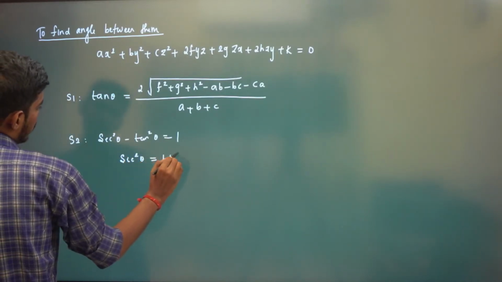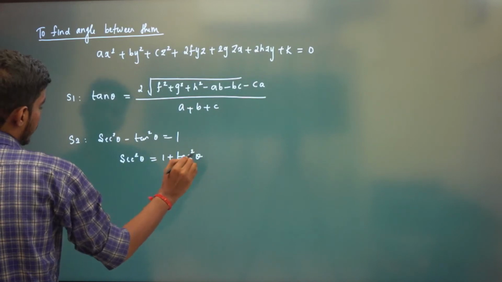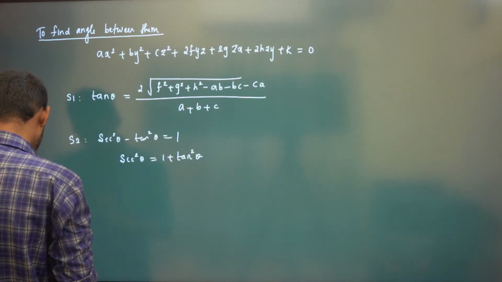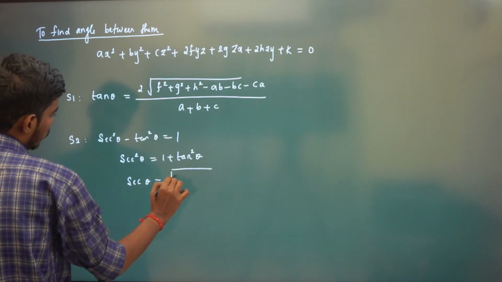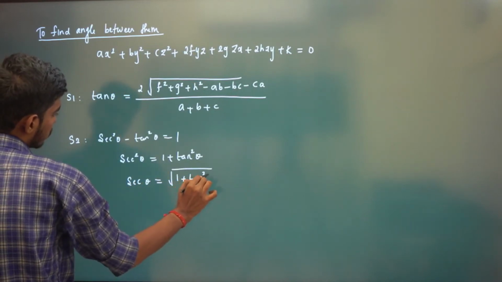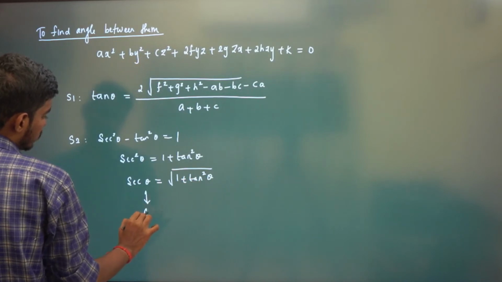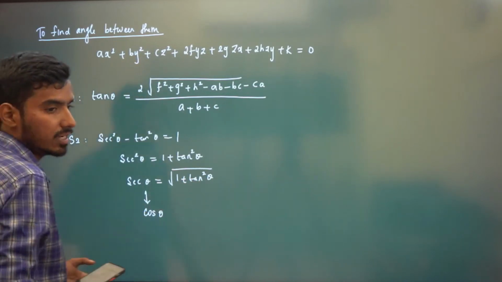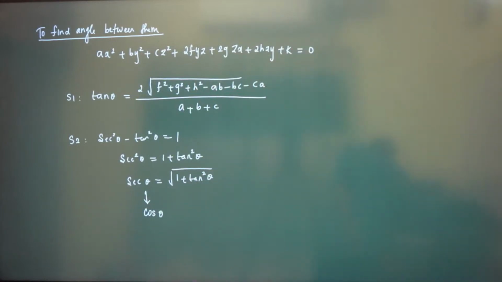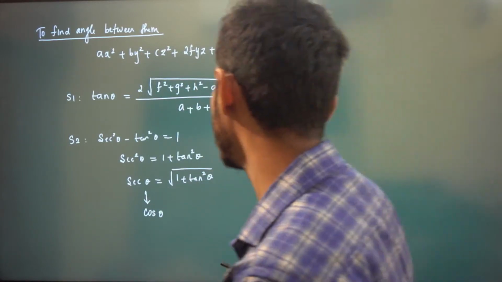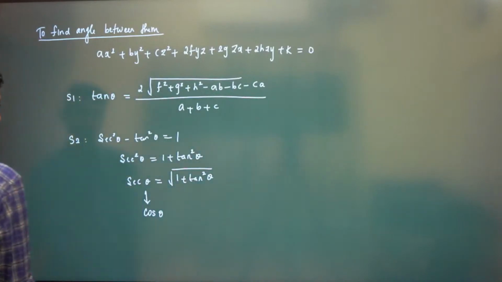Secant theta is the square root of 1 plus tan square theta. From this you find cos theta, and then you find theta, because the angle between the two planes is cos inverse of a1 a2 plus b1 b2 and so on. This is the procedure to find the angle between them.